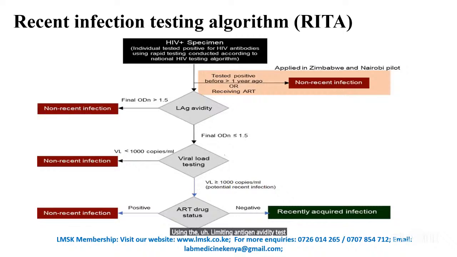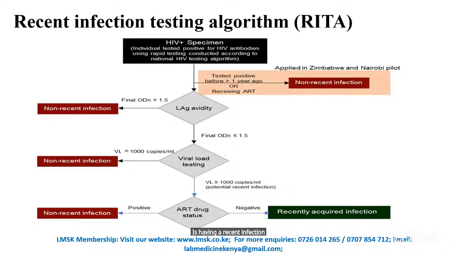It means the candidate is not a recent infection, it's a long-term infection. But the sample that we have gotten, limiting antigen avidity test with an OD, optical density of less than 1.5, then that client is having a recent infection.